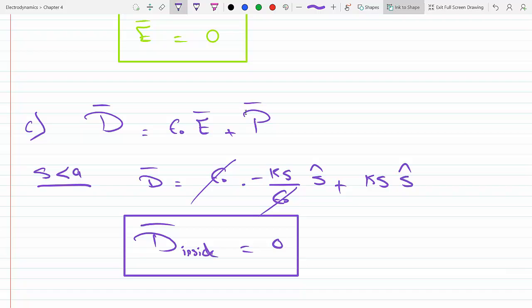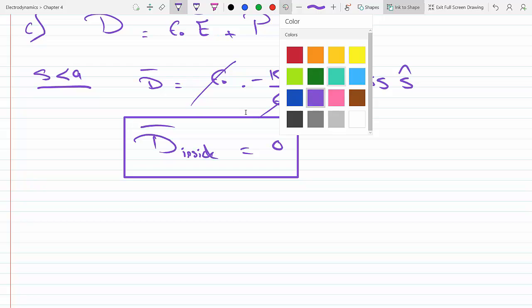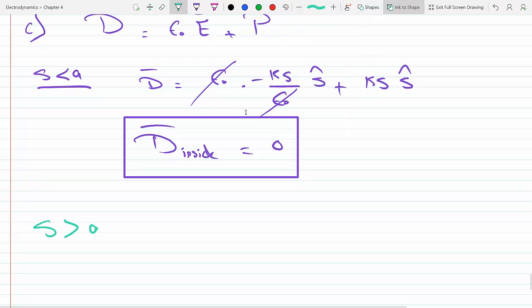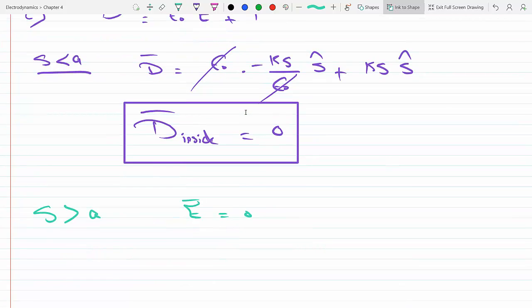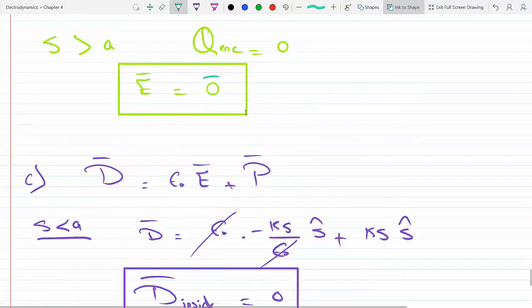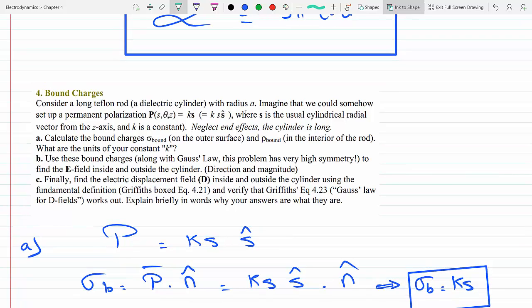Now, outside, where S is greater than A, we know that E turned out to be 0 here. This is 0 vector. And there's no P, because he said, imagine we could somehow set a permanent polarization.